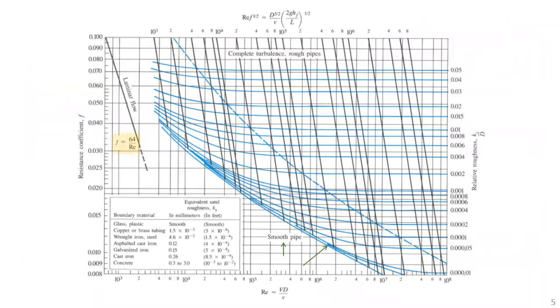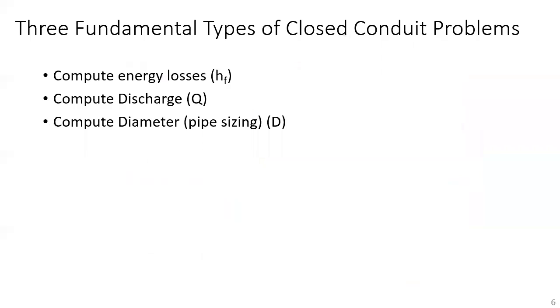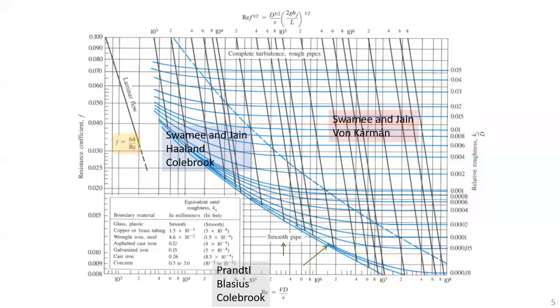And again, from that previous page of all the equations, there's one equation for the laminar zone, multiple equations for the transition zone, and two equations I'll typically use for turbulence, Swamee-Jain and von Karman. And then again, the smooth pipe curve is this lowest curve.